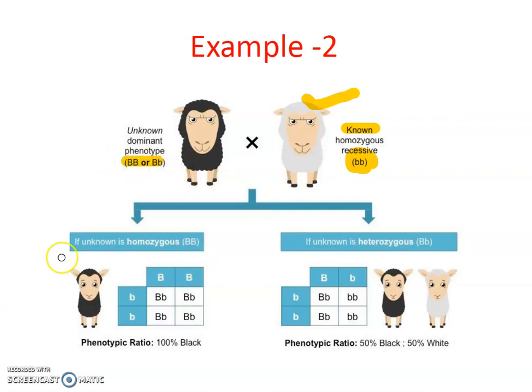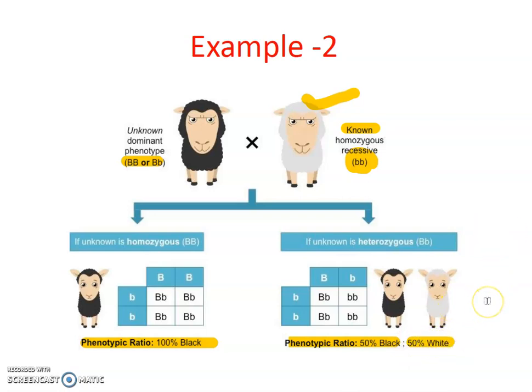So see here, if the unknown is homozygous, then all the progeny will be 100% black color. And if this is heterozygous, then 50% of the progeny are black color and 50% of the progeny are white color.